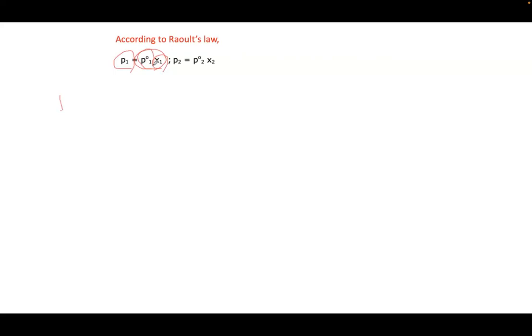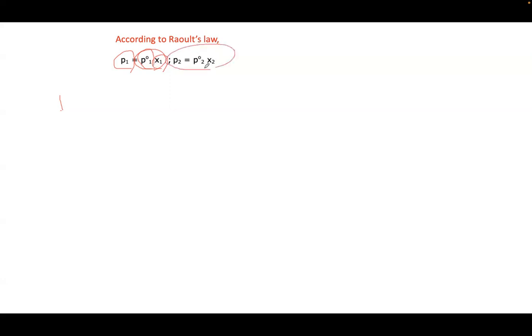So P1, the partial pressure inside the solution, will be P1⁰ into X1, where P1⁰ is the vapor pressure in the pure state, and X1 is the mole fraction.